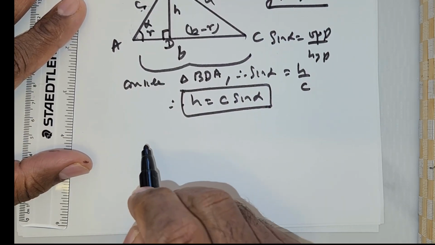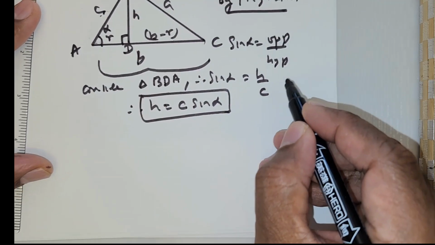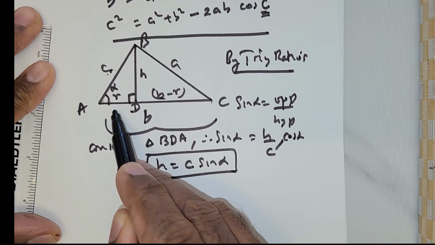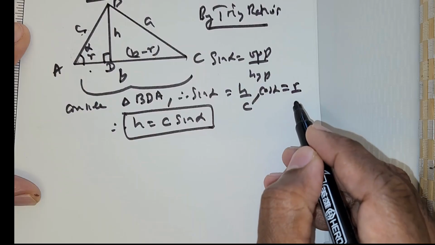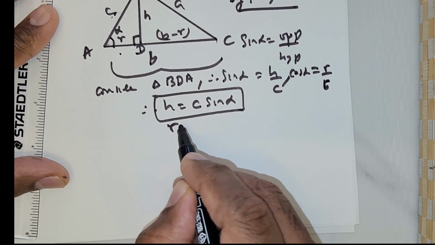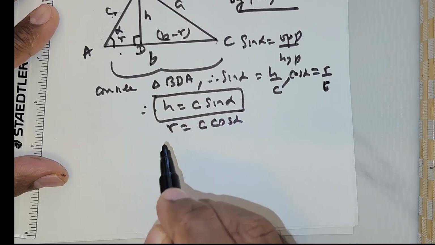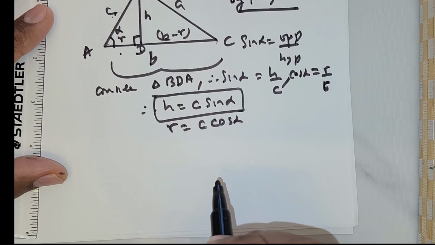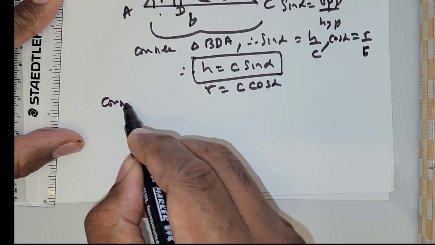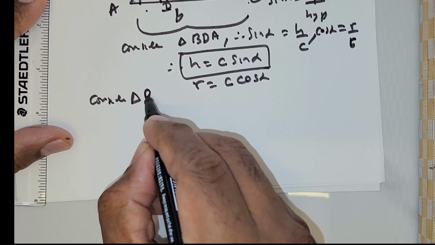Next, let me also take cos alpha. Cos alpha is the adjacent side by the hypotenuse, that's c there. Therefore r is equal to c times cos alpha. Now we will consider the triangle BDC.